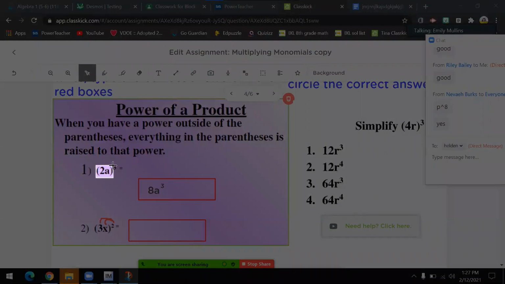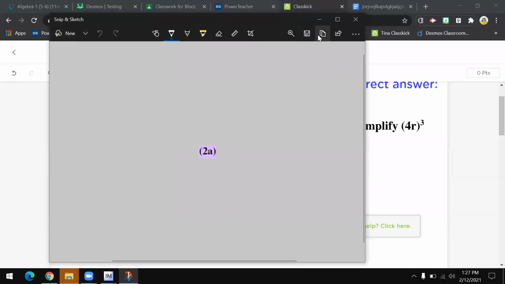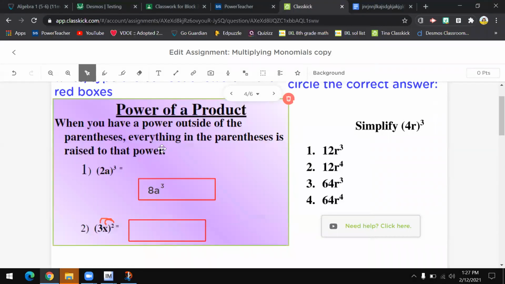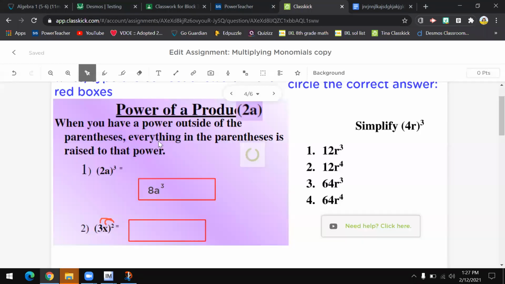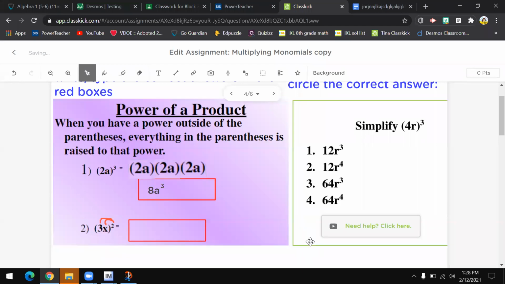Where something's being cubed, it means to take that and do it 3 times. So 1, 2, 3. So 2a times 2a times 2a. If you look at it like that, it makes sense because 2 times 2 is 4, 4 times 2 is 8, and then a makes a cubed.